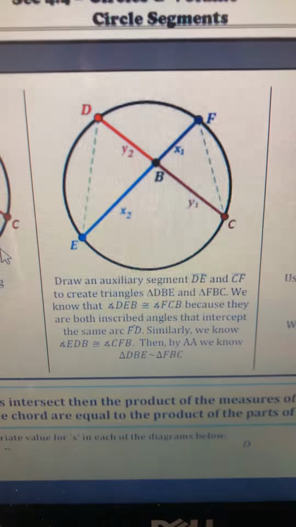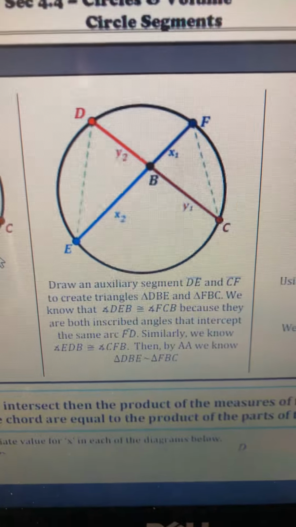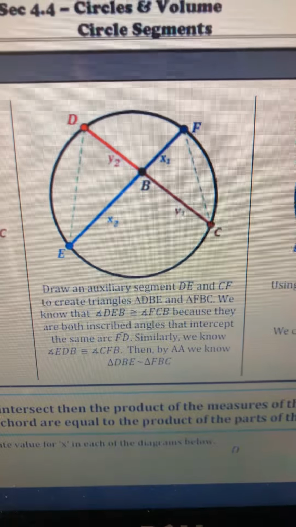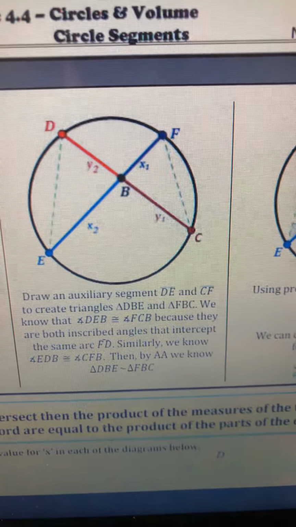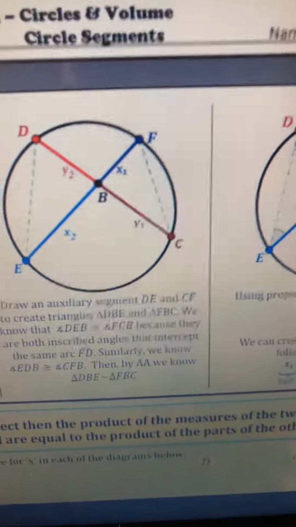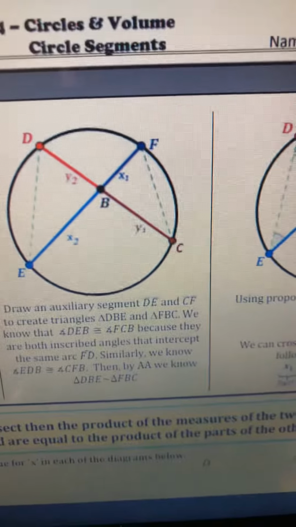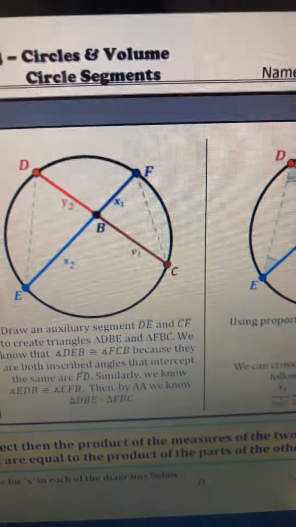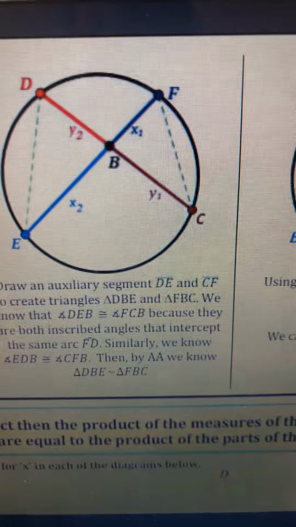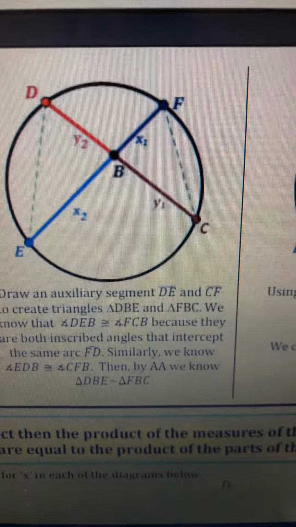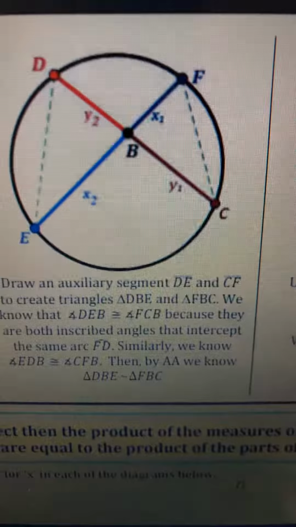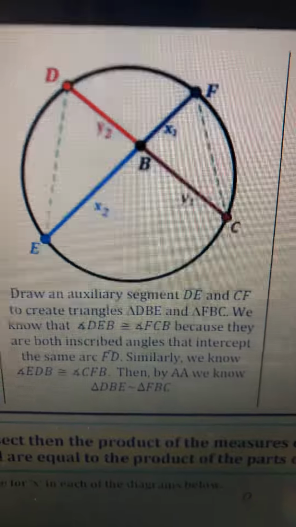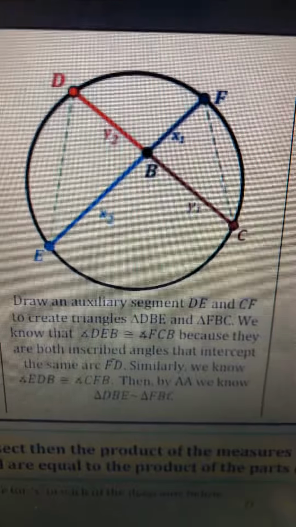That's arc FD. Also, we know that angle EDB and CFB are the same for the same reason. And so we know by AA that triangle DBE is similar to triangle FBC. Not congruent, but similar by angle.